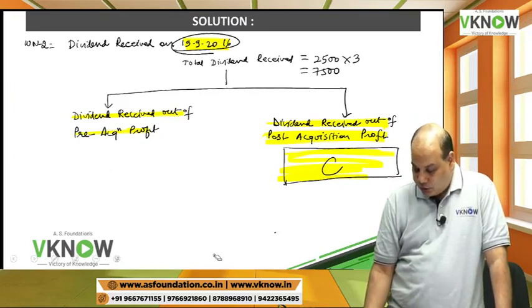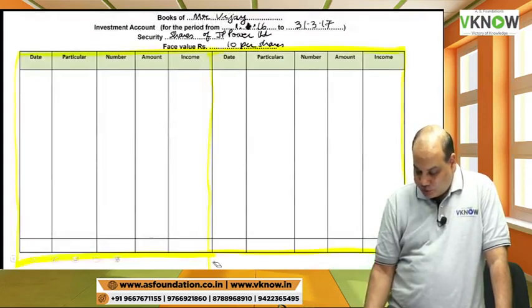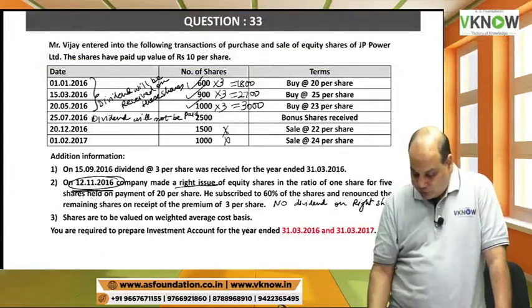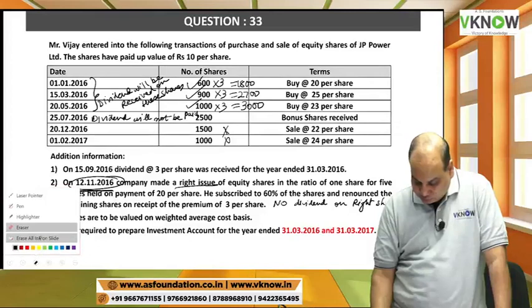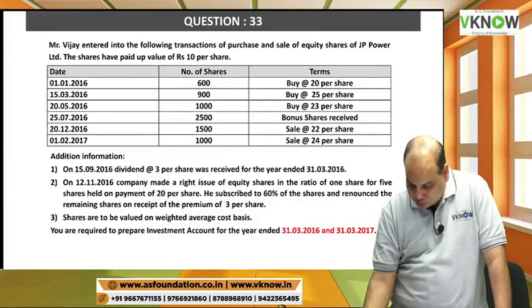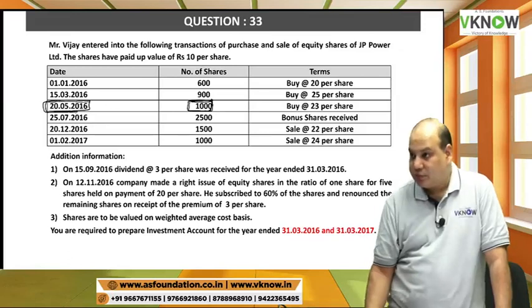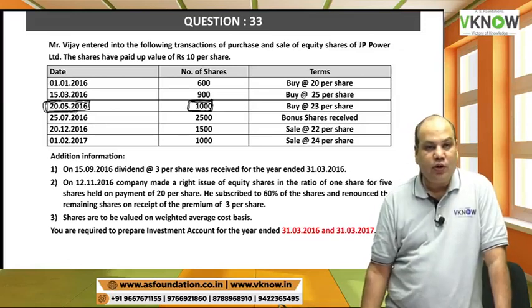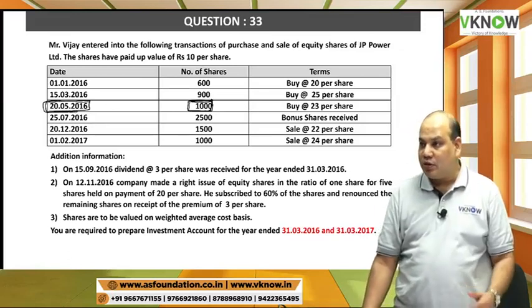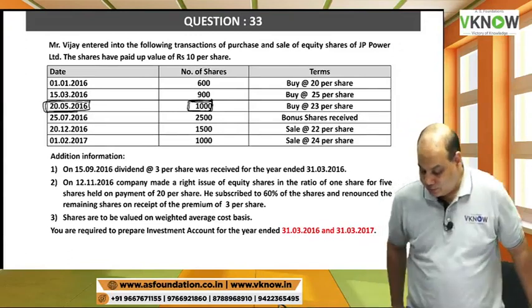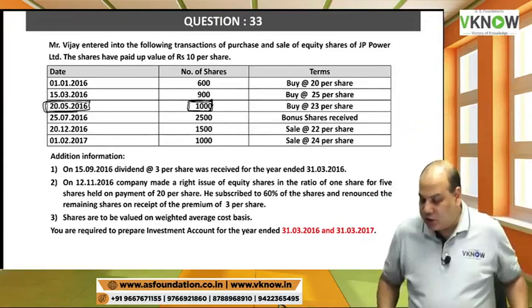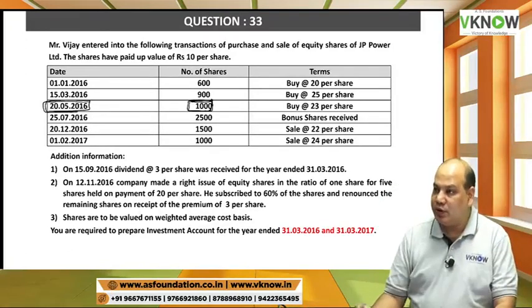This investor, Mr. Vijay, purchased this 1000 shares. When did he purchase? In the current year. These 1000 shares were purchased in the current year. Correct? What is my current year? 2016-17.